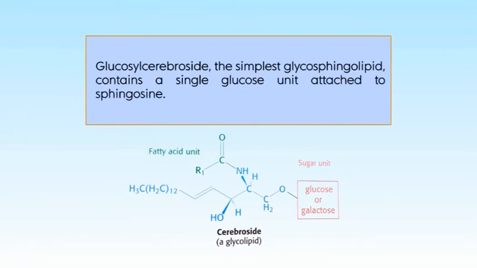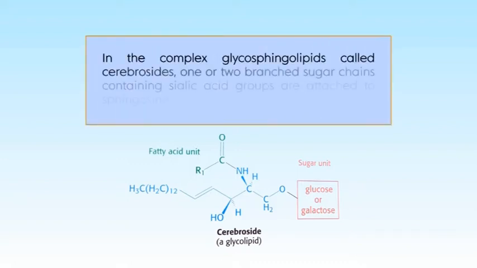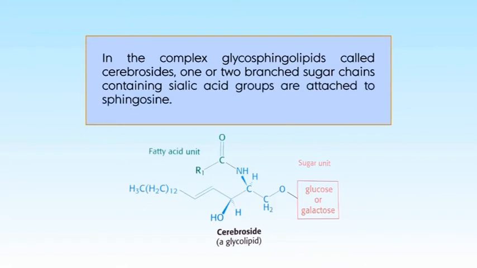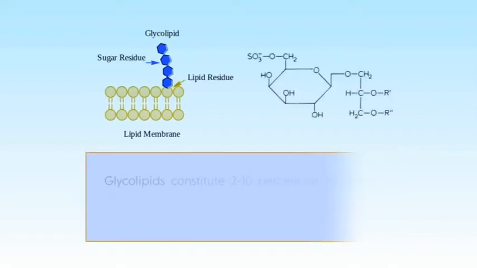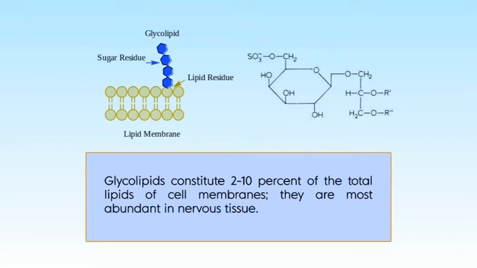Glucosyl cerebroside, the simplest glycosphingolipid, contains a single glucose unit attached to sphingosine. In the complex glycosphingolipids, called cerebrosides, one or two branched sugar chains containing sialic acid groups are attached to sphingosine. Glycolipids constitute 2 to 10% of the total lipids of cell membranes. They are most abundant in nervous tissue.